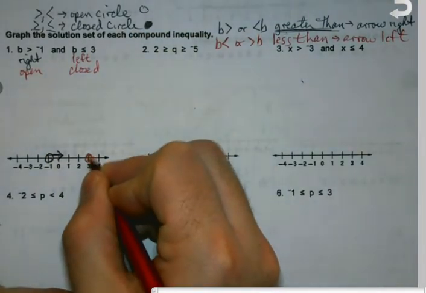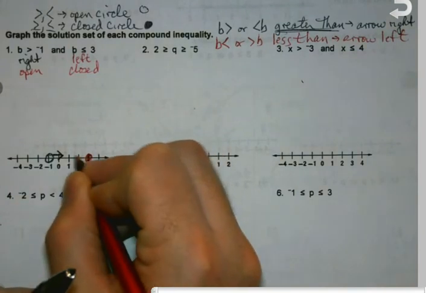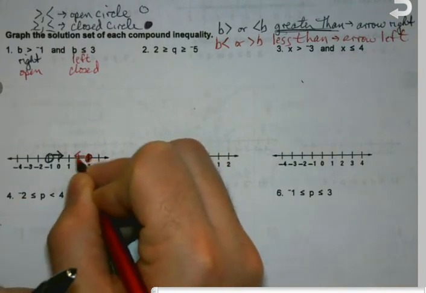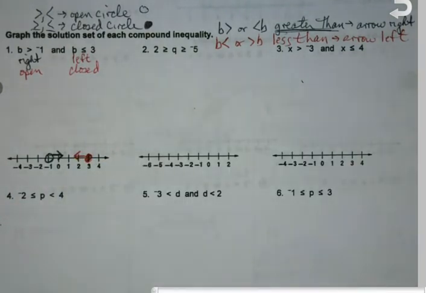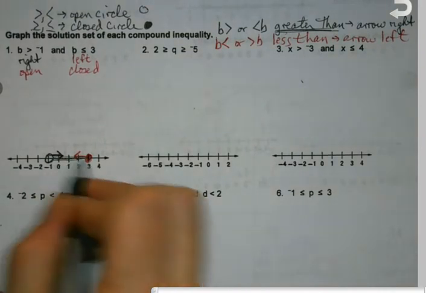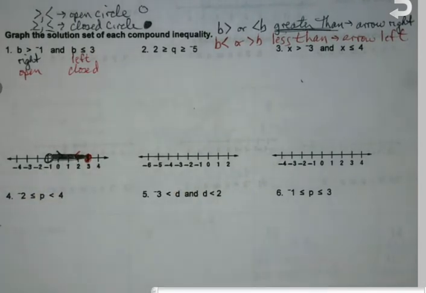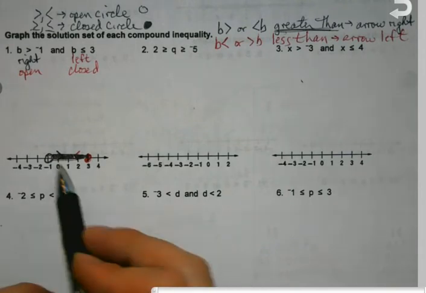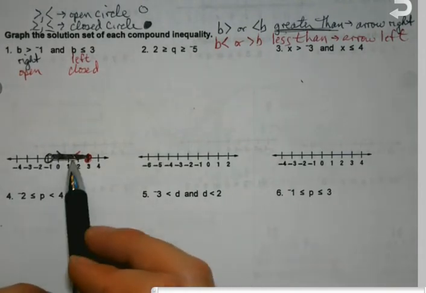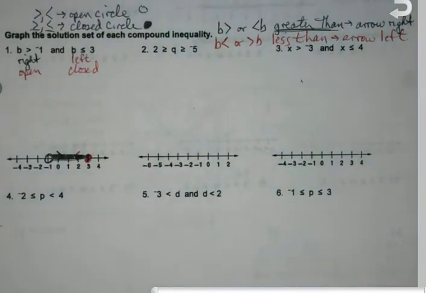So I put a closed dot on 3, going to the left. The arrows come in from the endpoints and crash together. So when I graph this, I'm just going to color in between the two dots. That's where all my answers are.